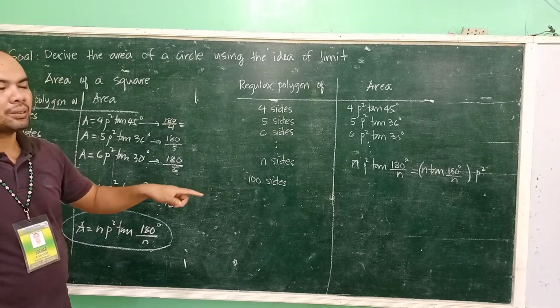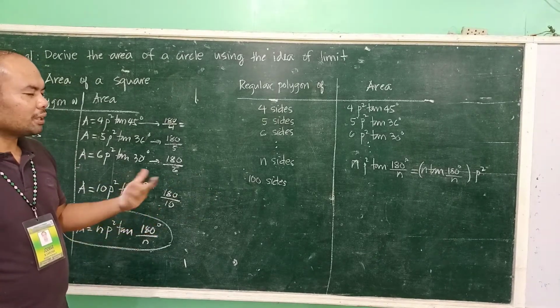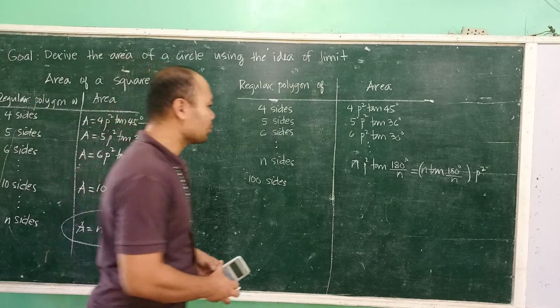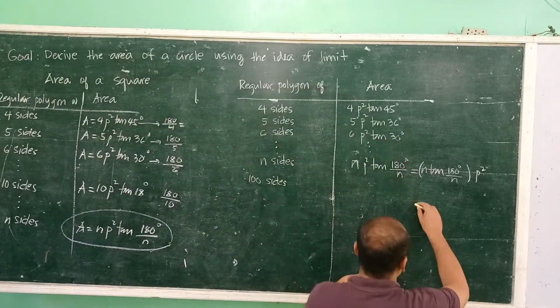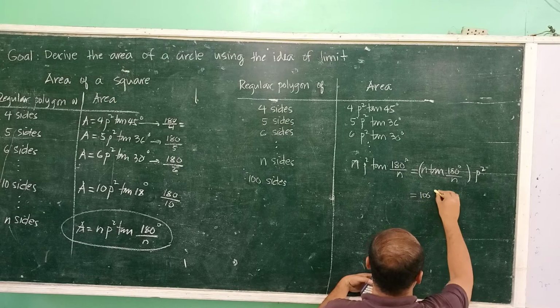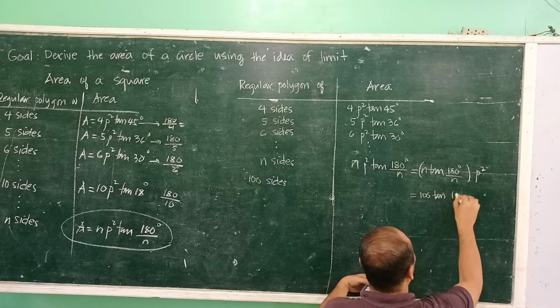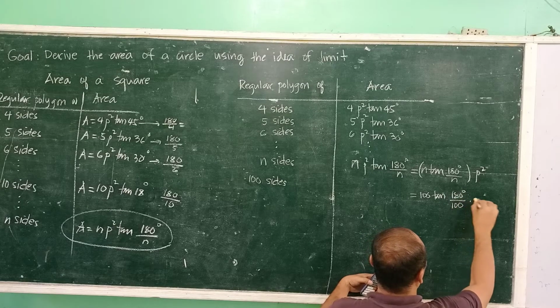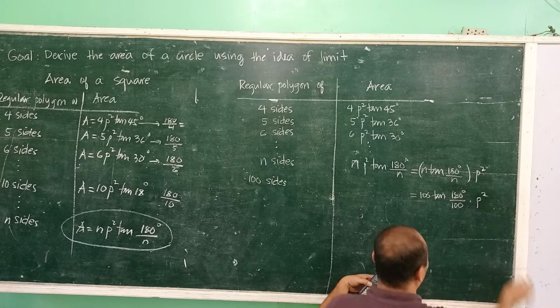Maybe you can, or you can use software to draw a regular polygon with 100 sides. So what will happen to the formula here? That becomes 100 tangent 180 degrees over 100 times p squared.